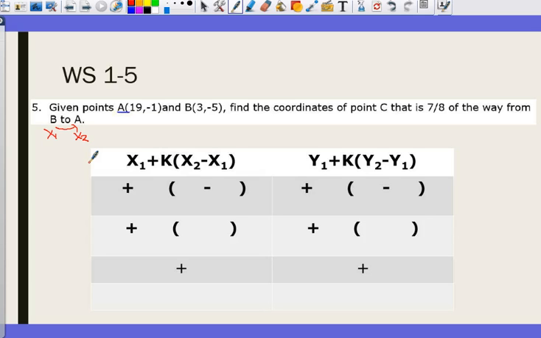Is that B? Which one's going to be our y1? It's -5. What's going to be our x2? 19. And this is y2. All right, good job.